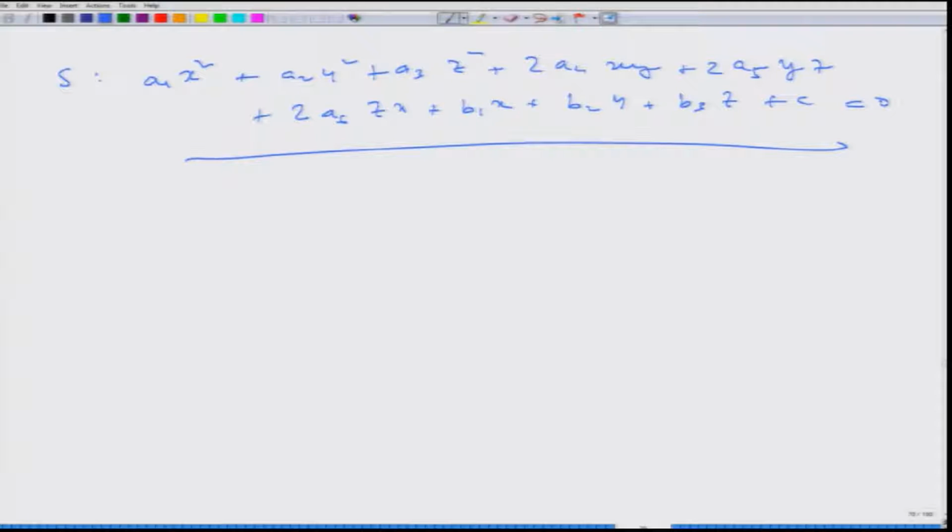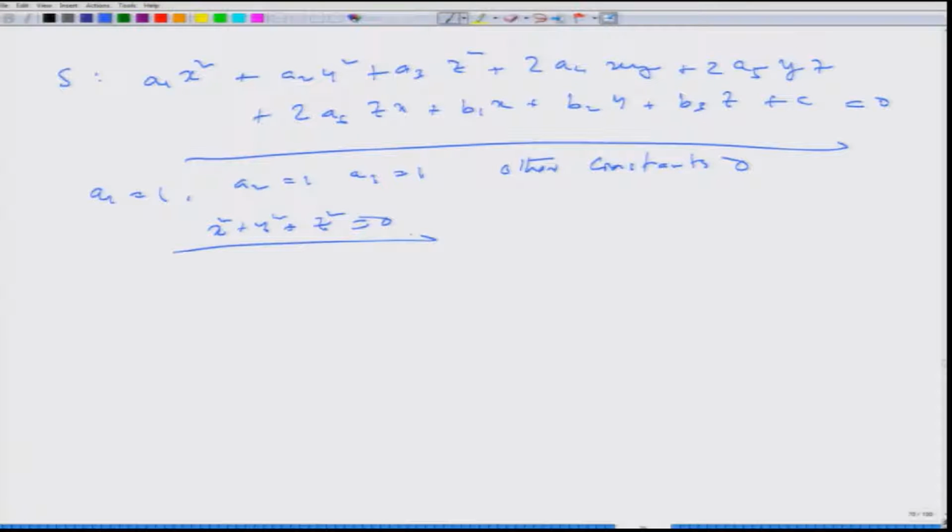See, this is not necessarily always a surface. Why? For example, if you take A1 equal to 1, A2 equal to 1, A3 equal to 1, other constants 0, then you get x² + y² + z² = 0.